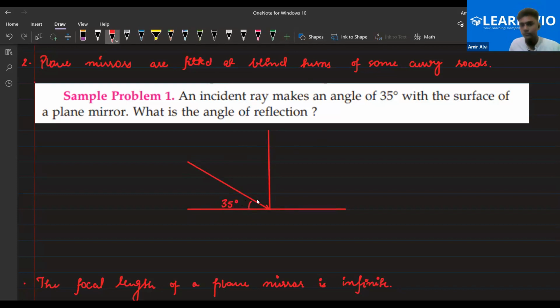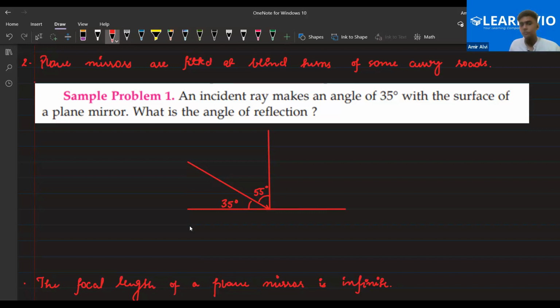So this will be 55 degrees, right, everyone? Because this 35 is not the angle of incidence. The angle of incidence is the angle between the incident ray and the normal. Is this clear to all?